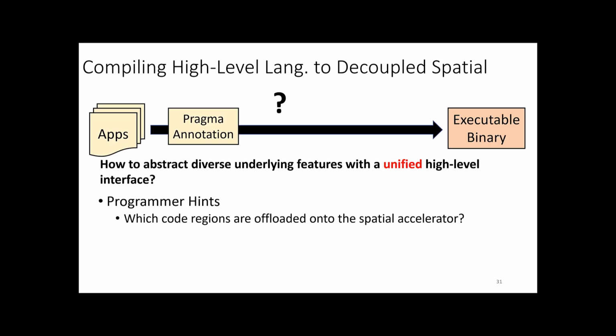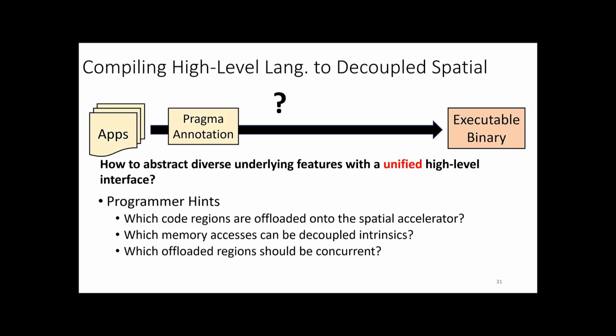So we leave these three questions to the programmers. First, which region of the code should be offloaded onto the spatial architecture? Second, how the memory accesses can be decoupled from the instructions and encoded in these intrinsics.